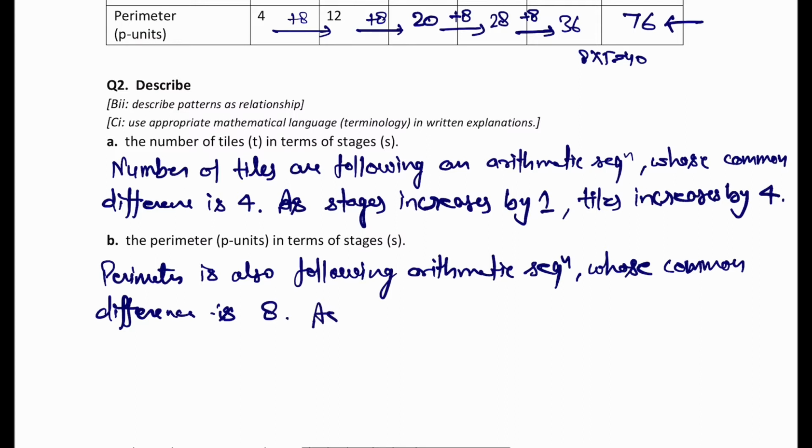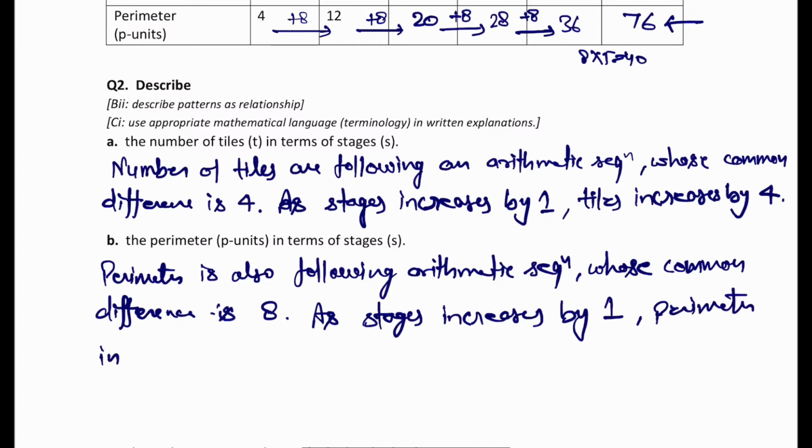So as stages increase by 1, the perimeter increases by 8.